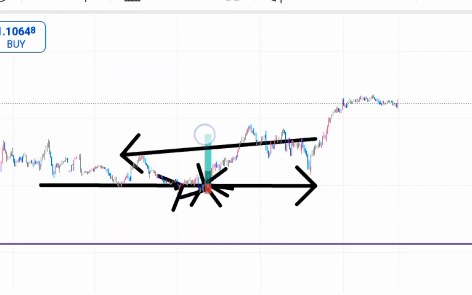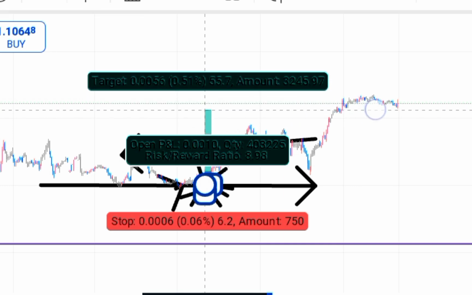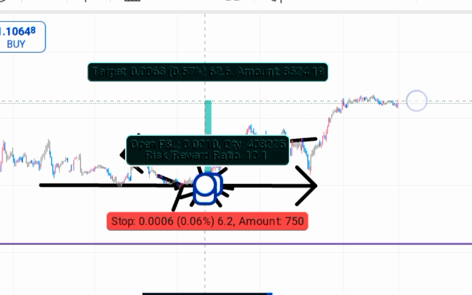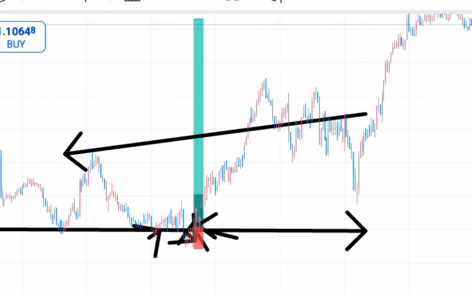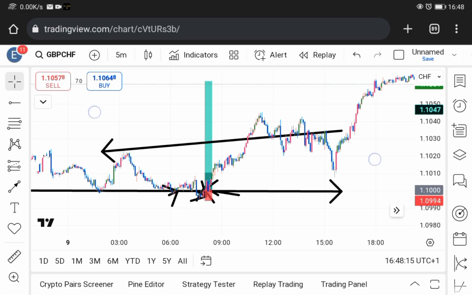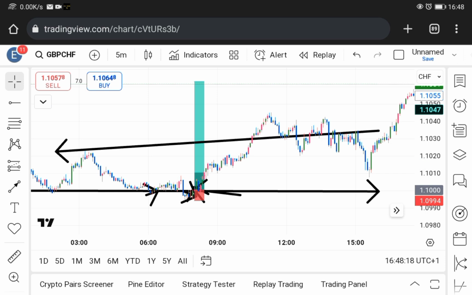We have to target, and we got 1:9, 1:10 right there. That was what we got, 1:10 minus our 2 losses. So we are able to bank 13 RR just by using a simple setup like this.